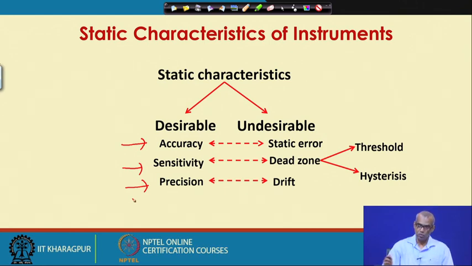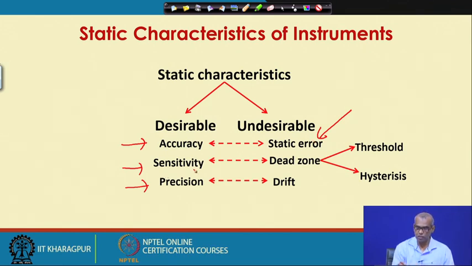Now, corresponding to accuracy, there is an undesirable static characteristic known as static error. So, if the accuracy is high for an instrument, the static error has to be low.